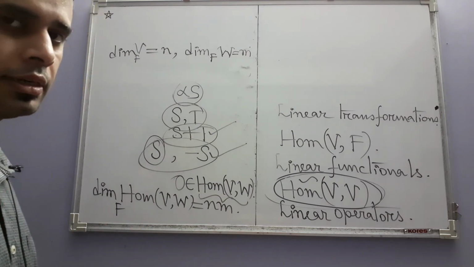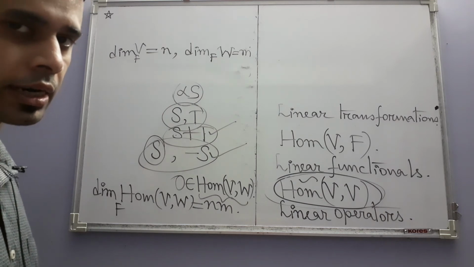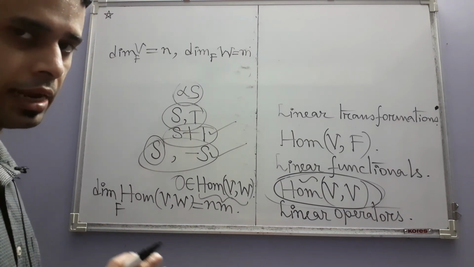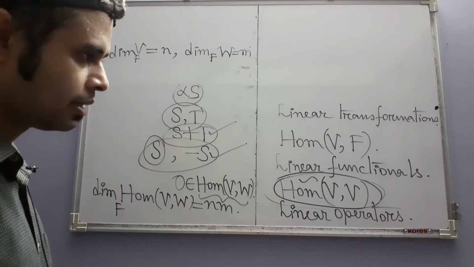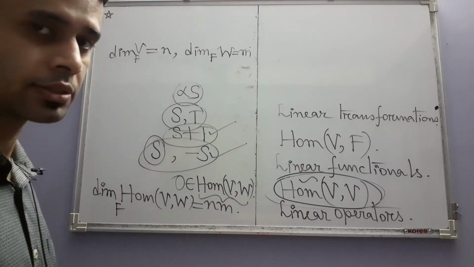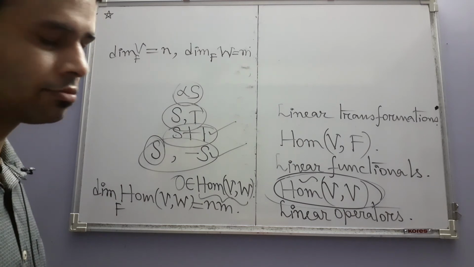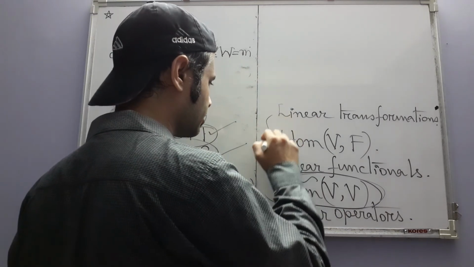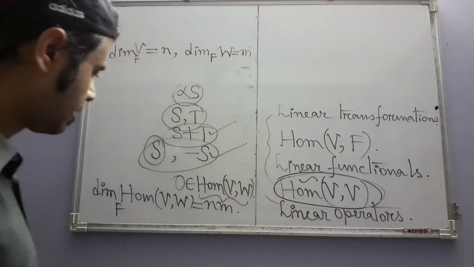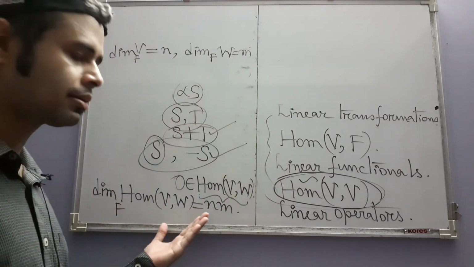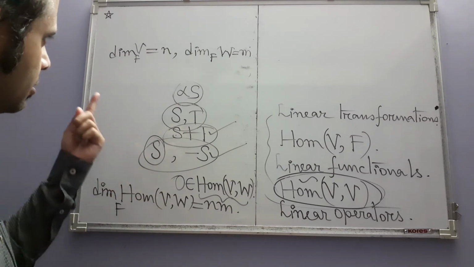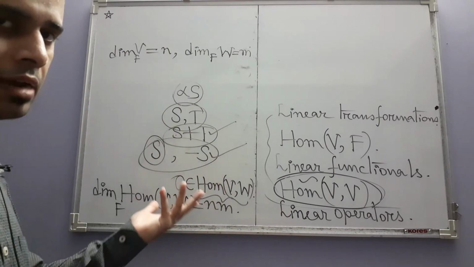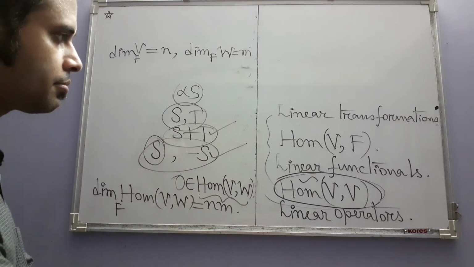Something else is needed, some topological structure which behaves very well with the algebraic structure, and there you get Banach spaces and Hilbert spaces in functional analysis. So we will see all these things, and we will see the next result, which tells us the exact dimension of this space when the original two spaces have their dimensions given.